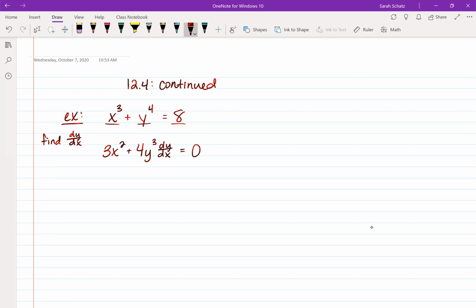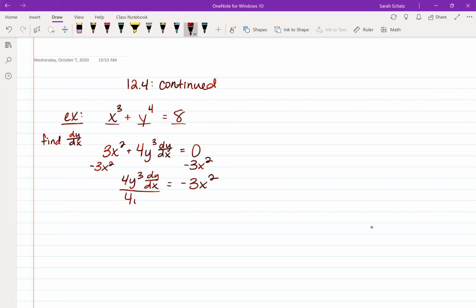And then from there, remember all I really did was get the dy dx isolated. So I would subtract 3x squared from both sides. Then I would have 4y cubed dy dx equals negative 3x squared.